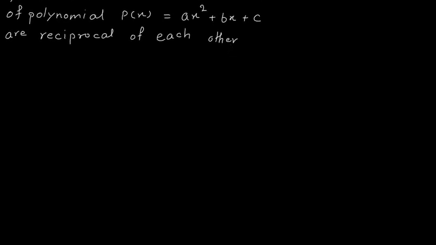Find the condition that zeros of polynomial Px are reciprocal of each other. Now I have to find the condition that the zeros of polynomial Px, ax square plus bx plus c, are reciprocal of each other.